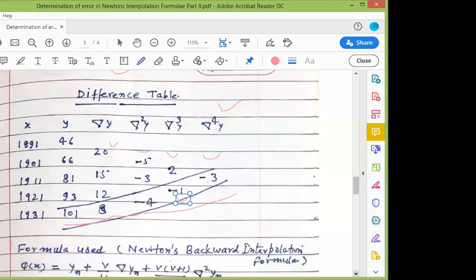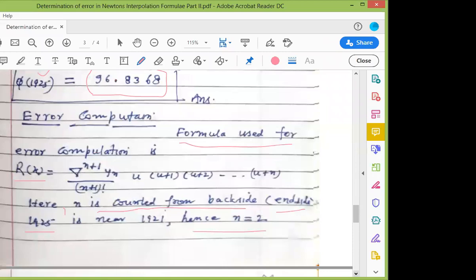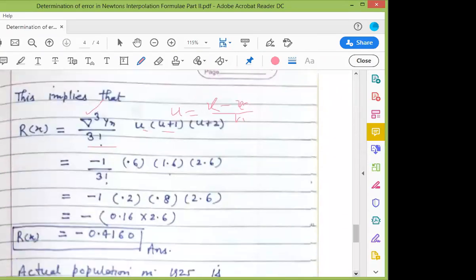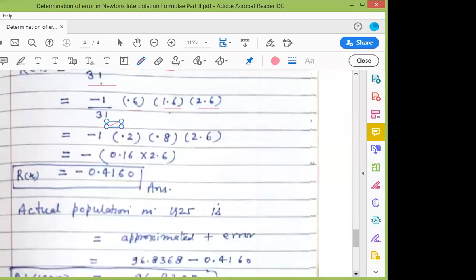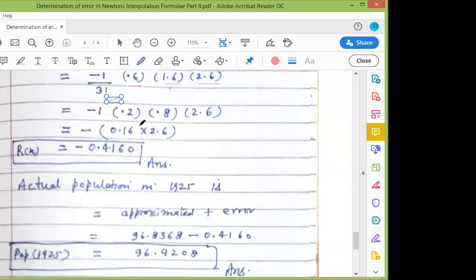So this is minus 1, and this is minus 1 upon 3 factorial, which is 6. u is 0.6, so 1 plus 0.6, 2 plus 0.6. And if we simplify, ultimately that is minus 0.4168.